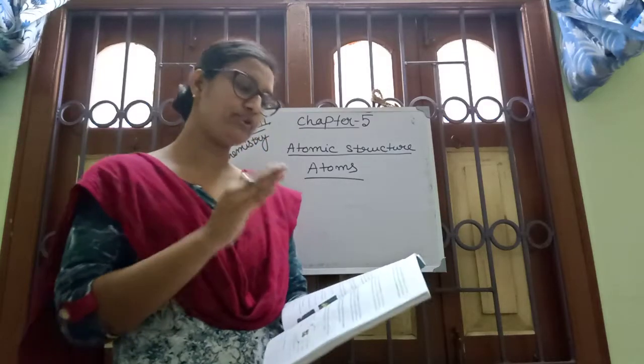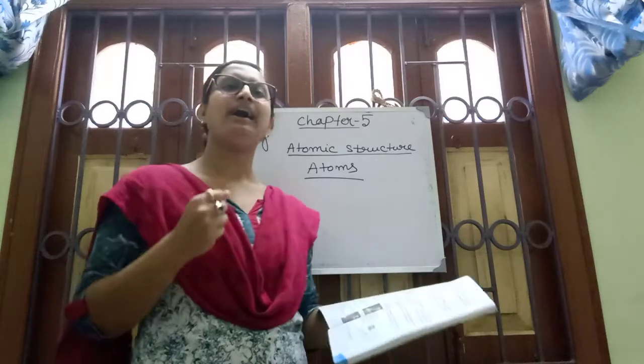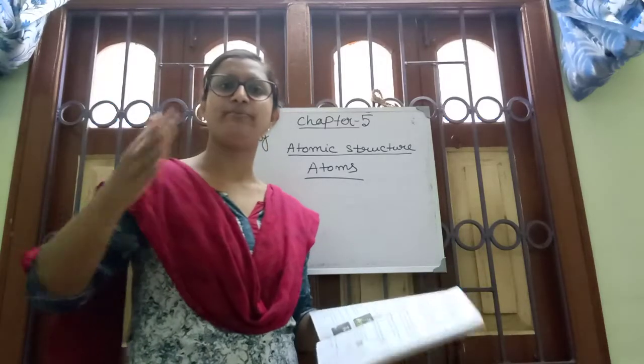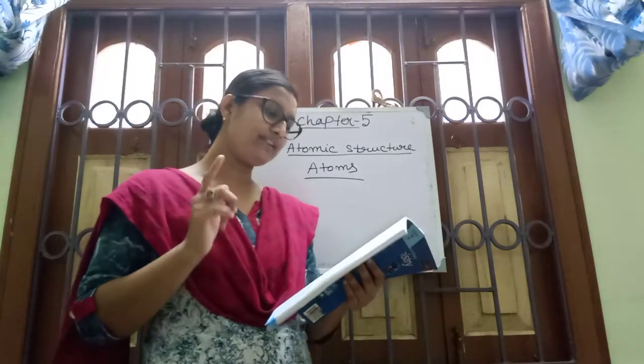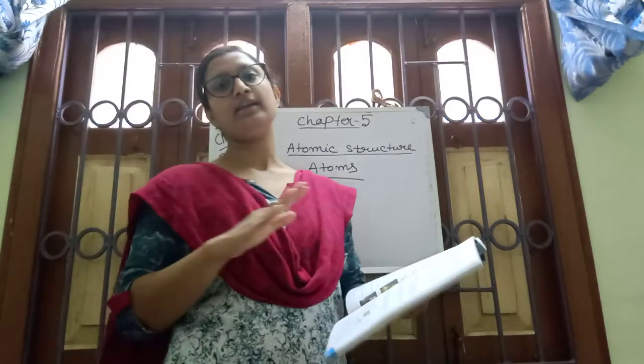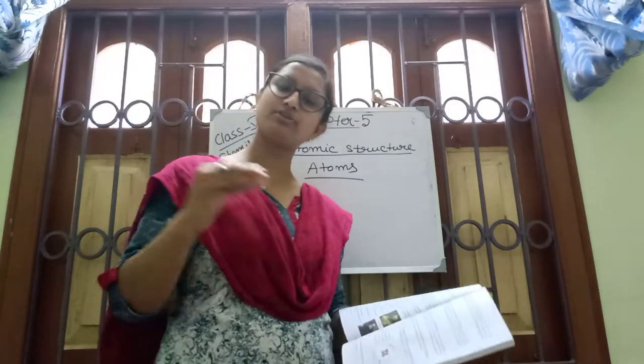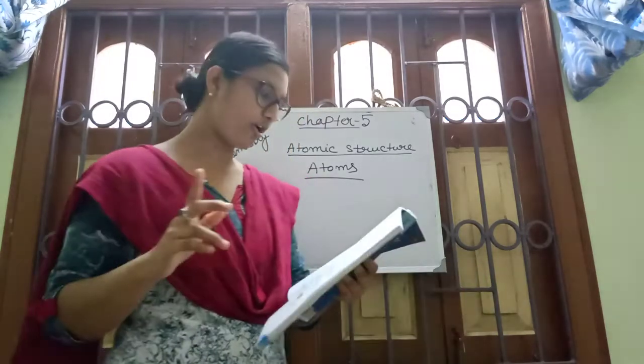For example, if you take a piece of iron and break it into small pieces, all these small pieces of iron show the properties of iron. You will not get anything new.